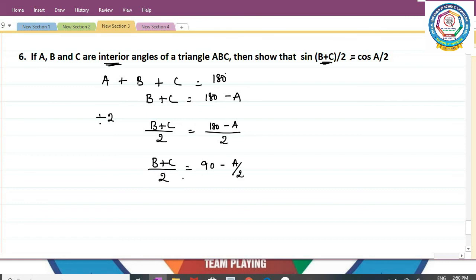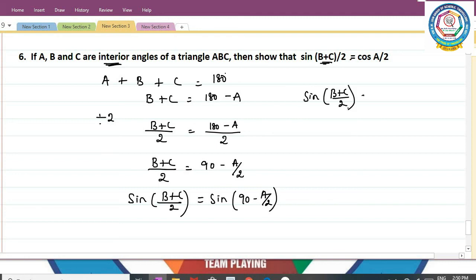Next I am going to take sine on both sides. So sine of (B plus C) by 2 equals sine of (90 minus A by 2).